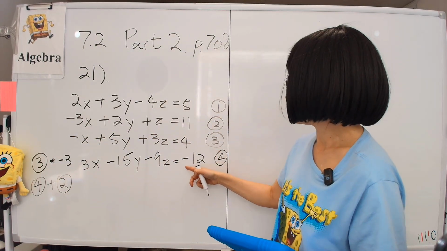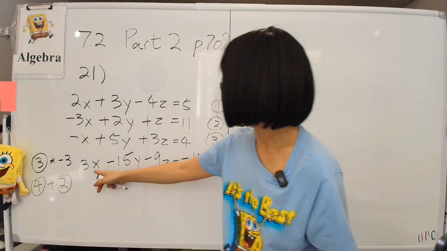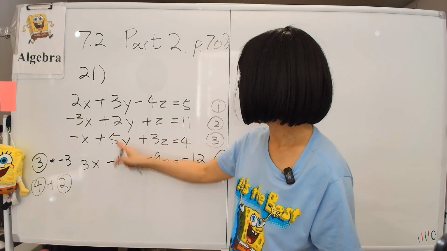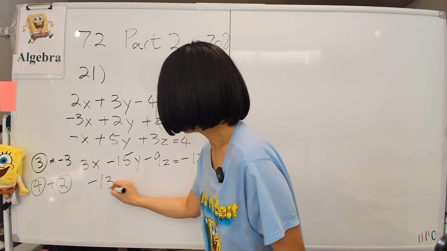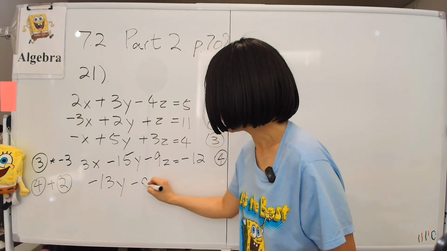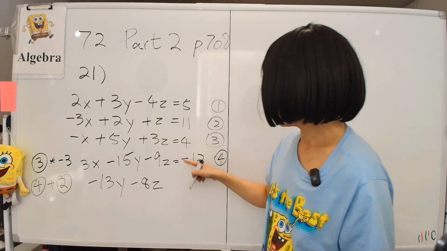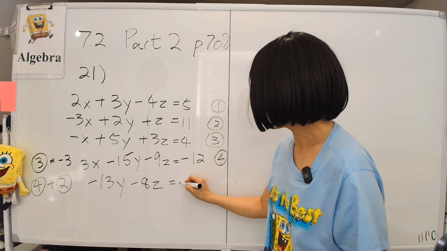So that becomes 0. Minus 15 plus 2, that equals minus 13y. And then plus z minus 9, that's minus 8z. And then equals 11 and 12, that equals minus 1.